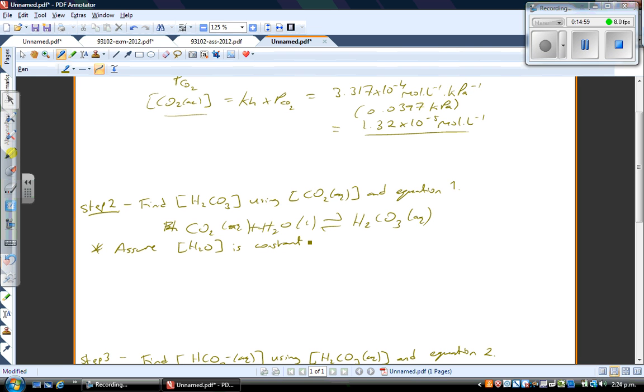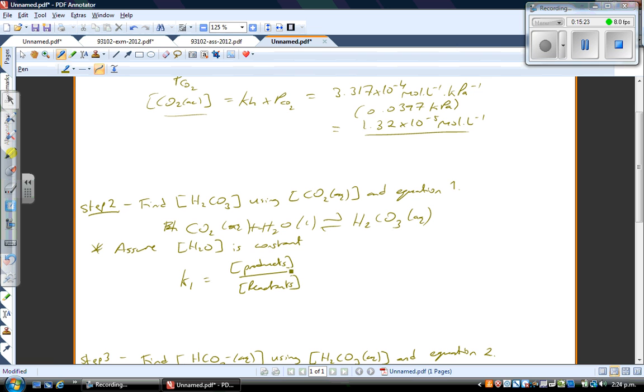There's very little dissolution we can do to seriously affect the concentration of the H2O. So assume the concentration of H2O is constant, and therefore K1 is equal to the concentration of products over reactants. So this is simply how to write an equilibrium expression from level 2.